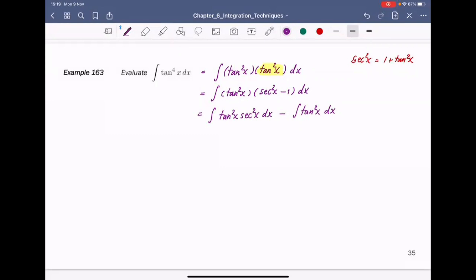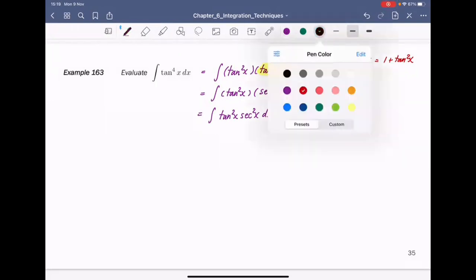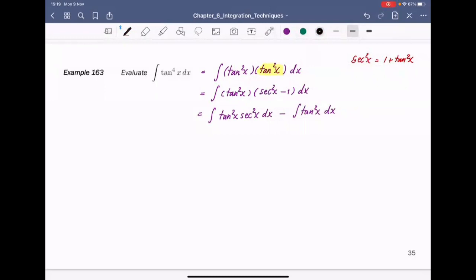Does it make sense? So the idea for this question is we use the identity sec square x equal to 1 plus tan square x to reduce the power of tan.